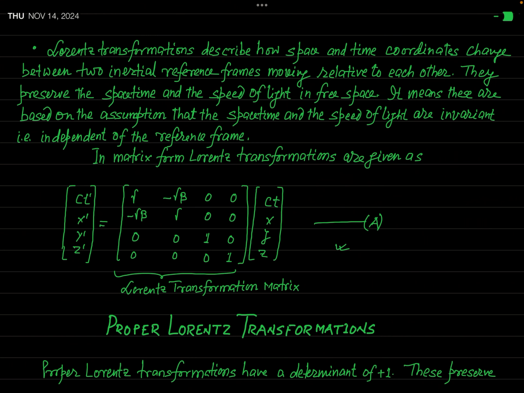The column matrix on the RHS is the specification of the event in the S frame, and the column matrix on the LHS is the specification of the same event in the frame S dashed, which is in relative motion with respect to the frame S. If you consider that the frame is moving in the x direction, in that condition these transformation equations hold.